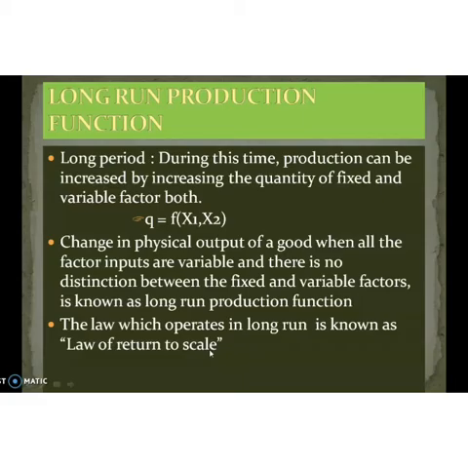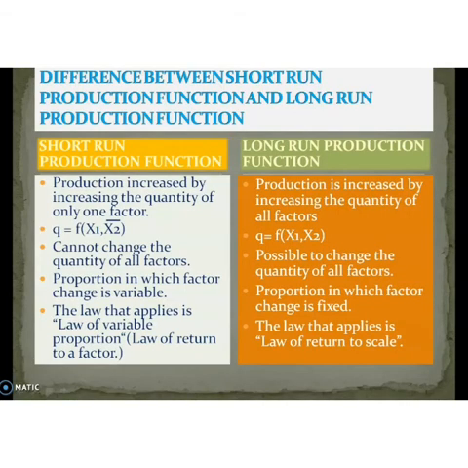Next we are moving on to the difference between short run production function and long run production function. In the short run production function, production is increased by increasing the quantity of only one factor, whereas in the long run production function, production is increased by increasing the quantity of all factors.